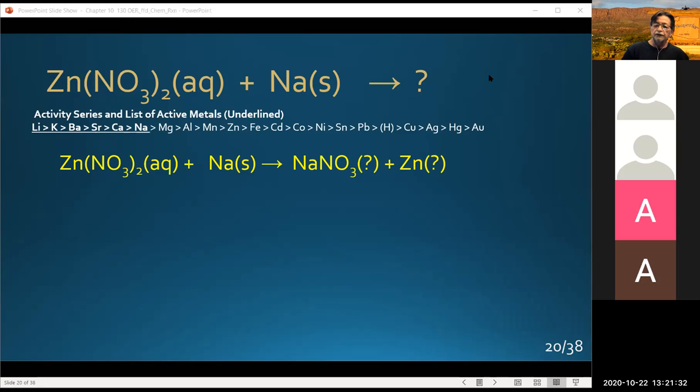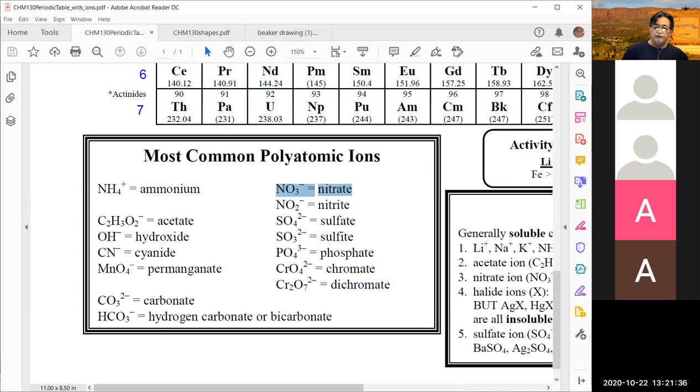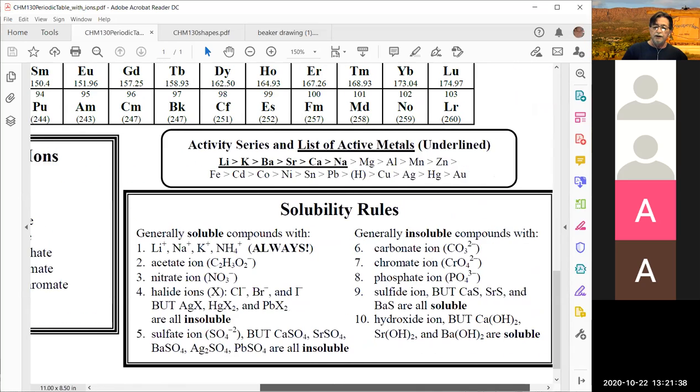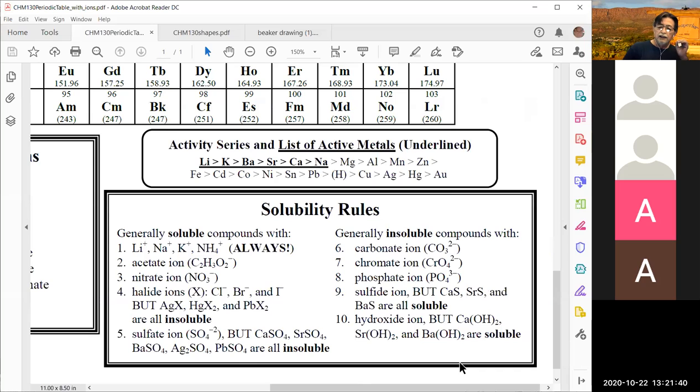Even that periodic table, again, I can't overemphasize it. And this brings me to a point here that anytime you see the cation to be part of the big 4, I can't overemphasize this. And what do I mean by the big 4? I mean lithium, sodium, potassium, and ammonium.